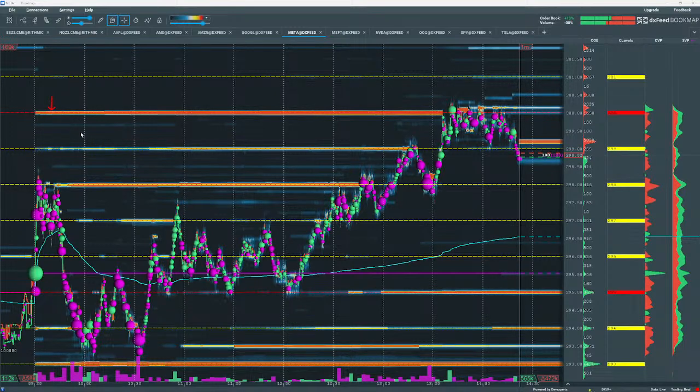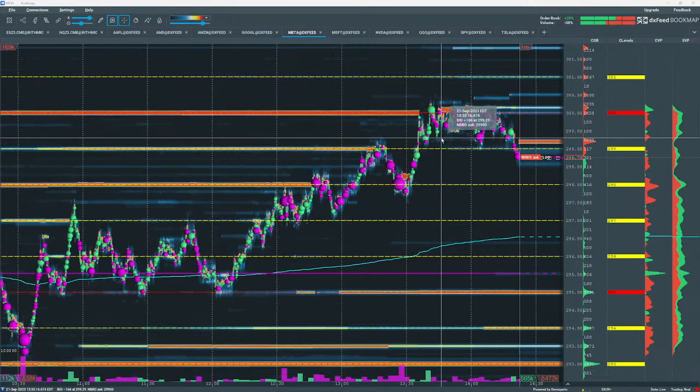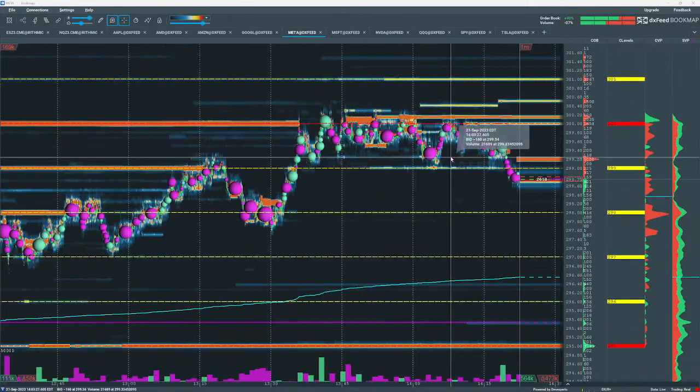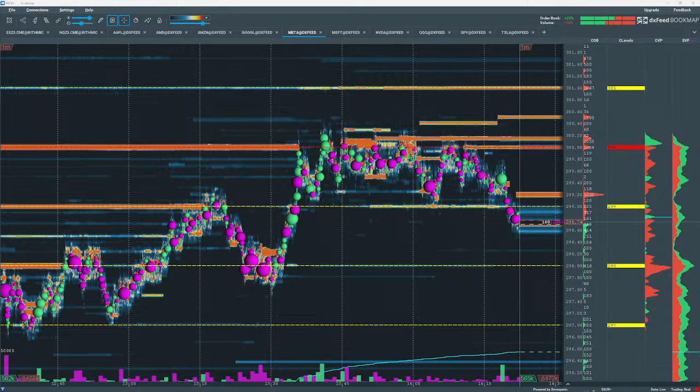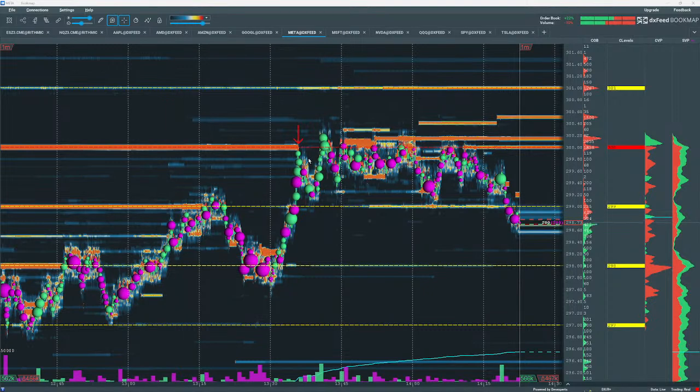In this case, this is a history of the limit sell orders for Meta, and they place them typically on the round number lines. The interesting thing here is they pulled those orders right here, right before price reached up to the 300 level. Looks like they came back in.